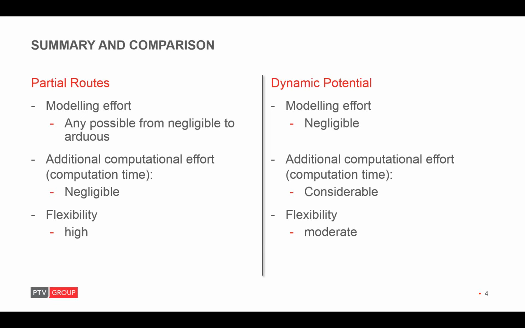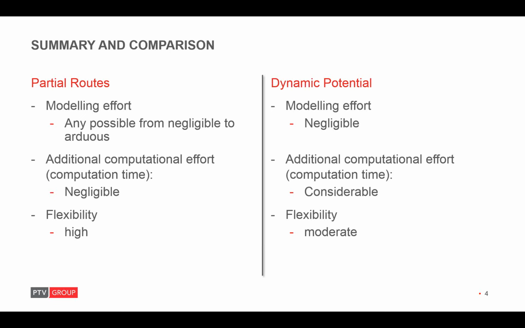So it can be somehow quite arduous, but that's related to the flexibility of partial routes, which is quite high. The modeling effort for dynamic potential is always negligible. You just have to activate it. The flexibility, therefore, is moderate. So it's pretty clear what's going on, and the situations which you can model and have an effect on with the dynamic potential, it's quite clear.